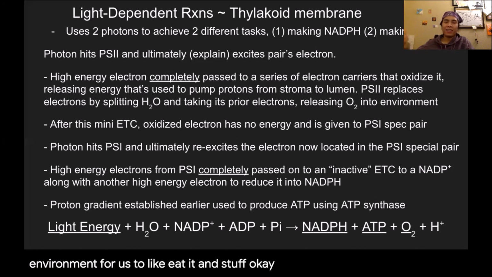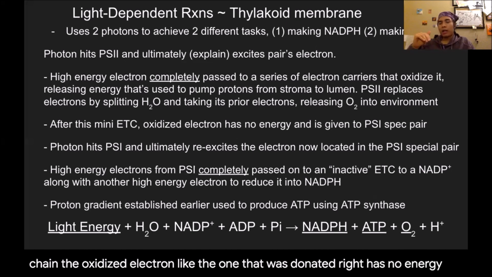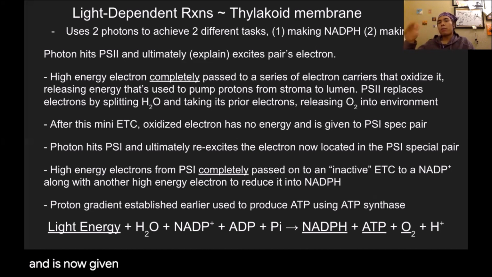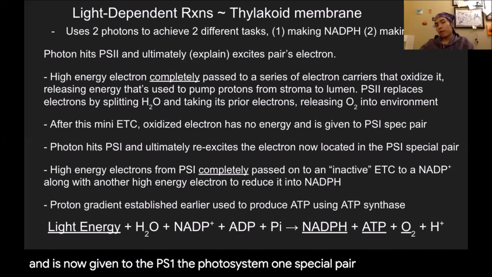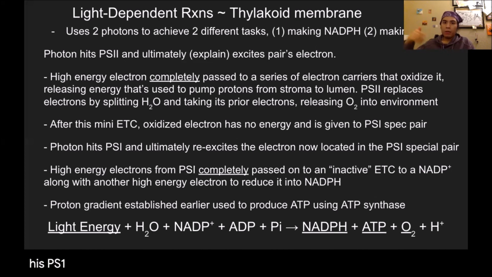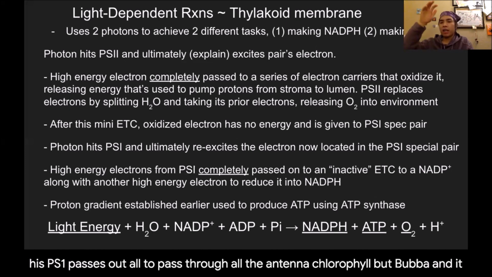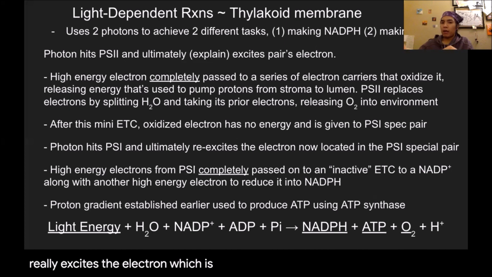Okay. Anyways, after this mini electron transport chain, the oxidized electron, the one that was donated, has no energy and is now given to PS1, the photosystem 1 special pair. And then a photon hits PS1, passes through all the antenna chlorophyll, and it re-excites the electron, which is now located within the PS1 special pair.